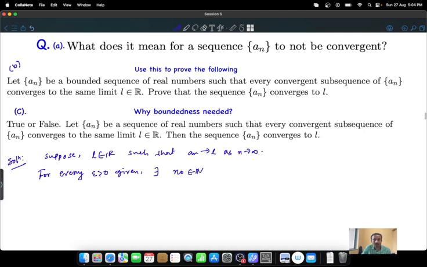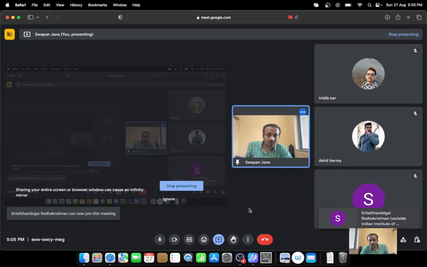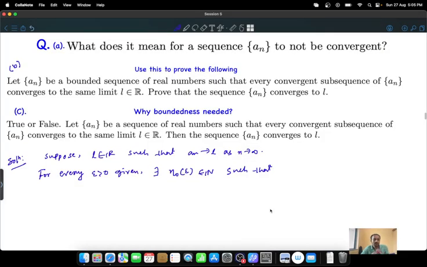Let me write n naught of epsilon, because the natural number that exists obviously depends upon the epsilon, such that |a_n minus L| is less than epsilon, and this is true for all n greater or equal to n naught of epsilon.